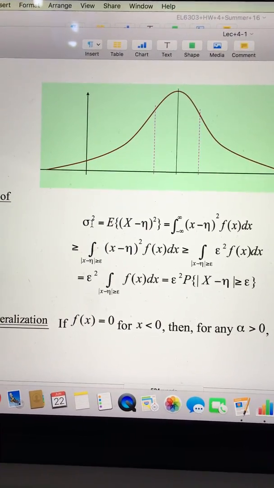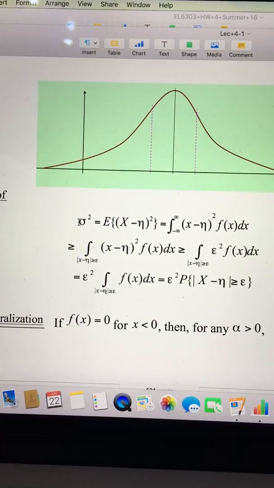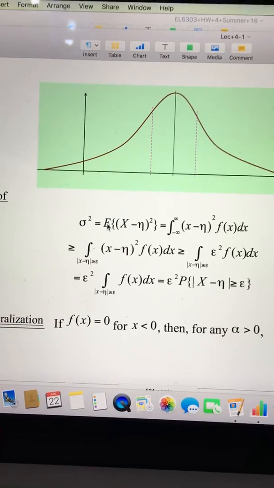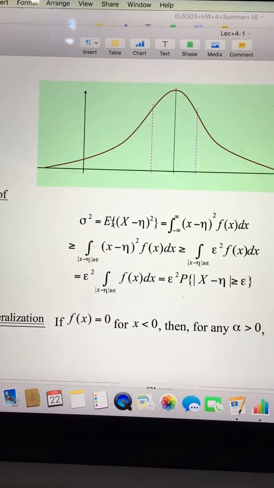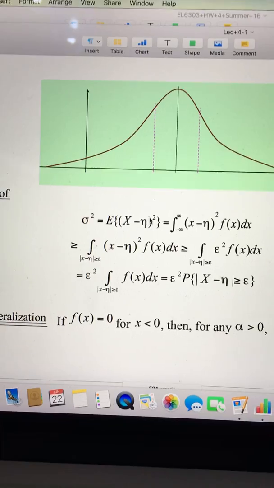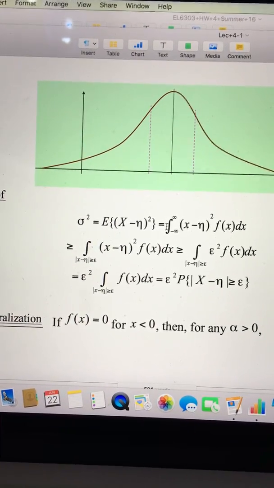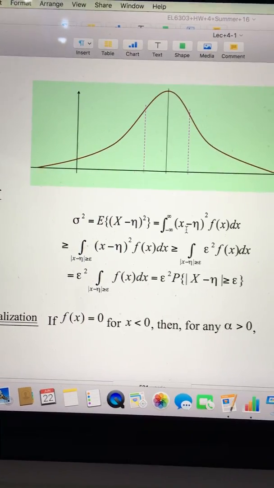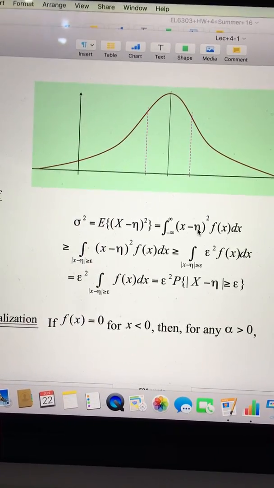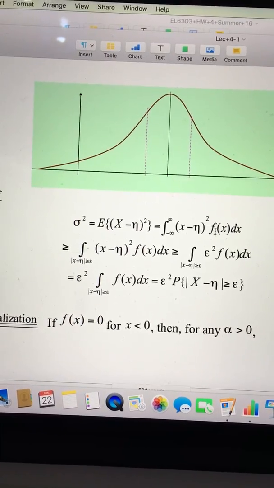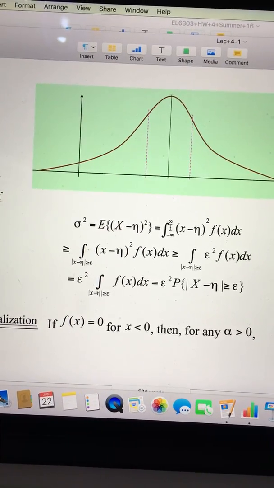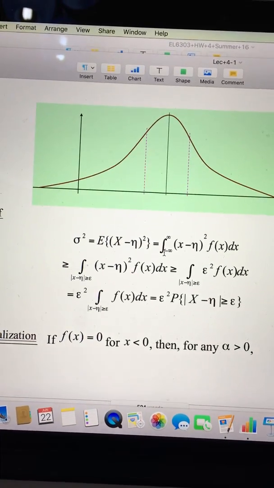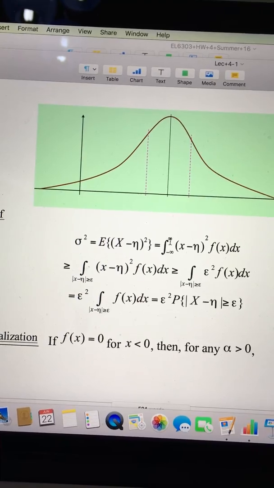First, it gives us the expression of sigma square, which is equal to E[(X minus eta) square], and is equal to the integral of (x minus eta) square times small f(x) dx, from minus infinity to infinity.